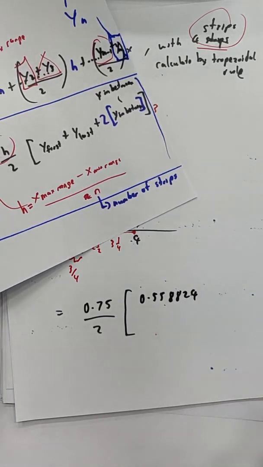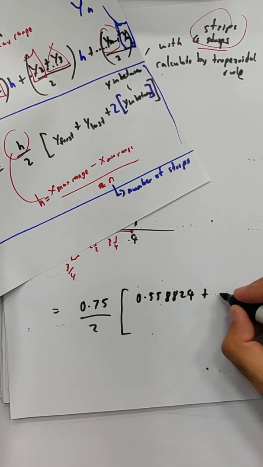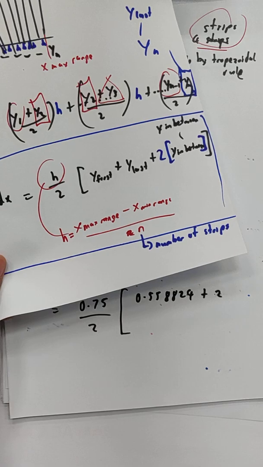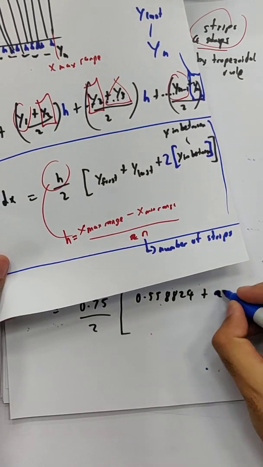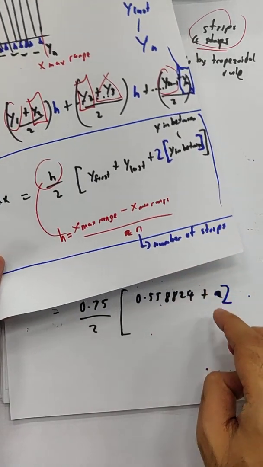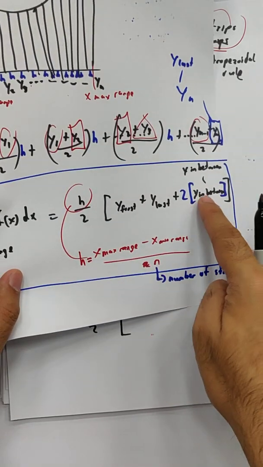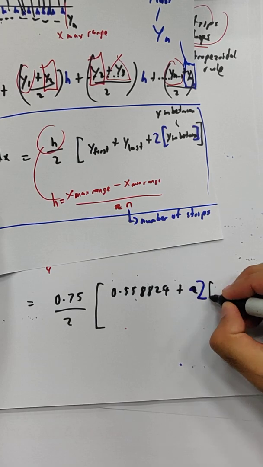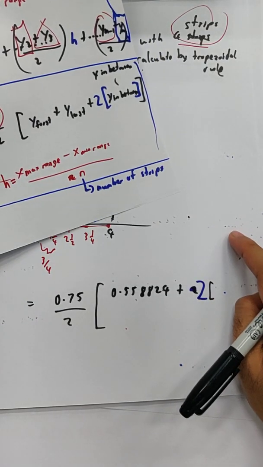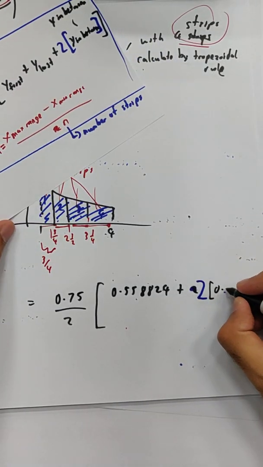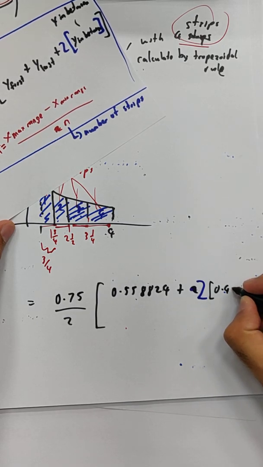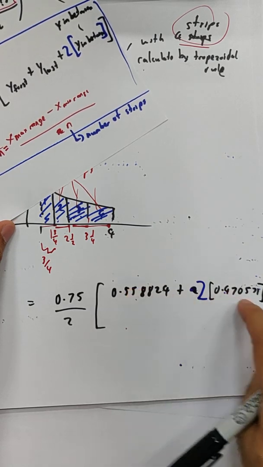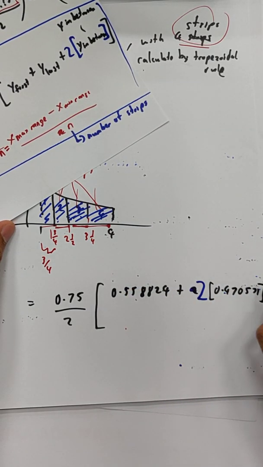Plus 2, don't forget you need to times 2 this one. Let me just highlight it with the blue color. And y in between is 0.470571. Where did I get this value? Just from the table just now.